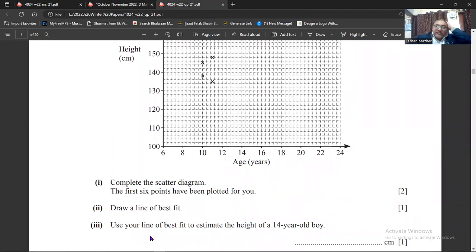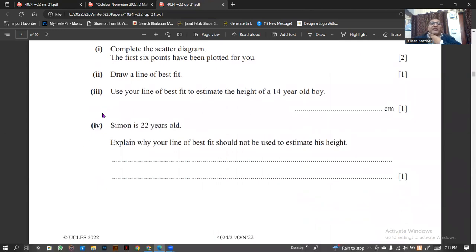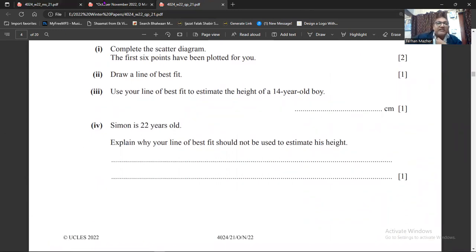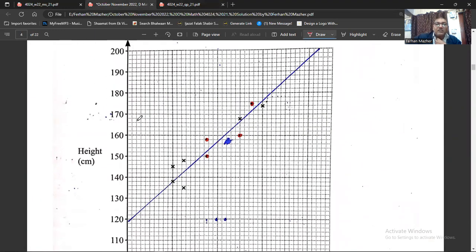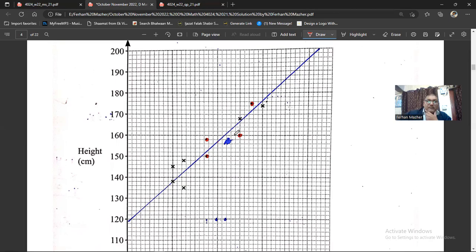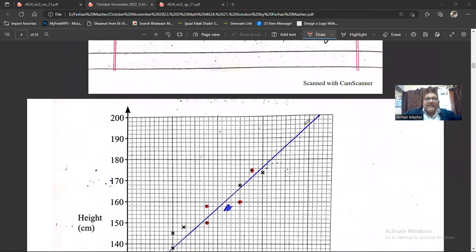Explain why your line of best fit should not be used to estimate this height. So he is 22 years old, and he says, explain why your line of best fit should not be used to estimate the height. If you look at the line of the best fit, you see at 22, I have the line of the best fit, but here, the actual data points are not here.